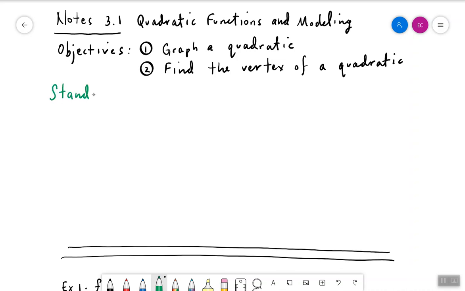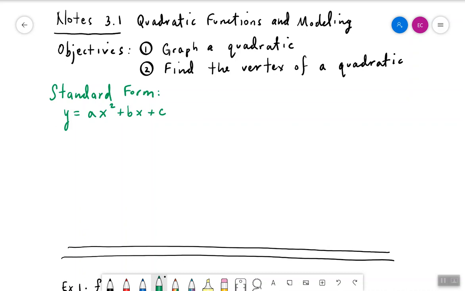The first is called standard form, and it looks like y equals ax squared plus bx plus c. And that's the form that we're familiar with from earlier in the course.